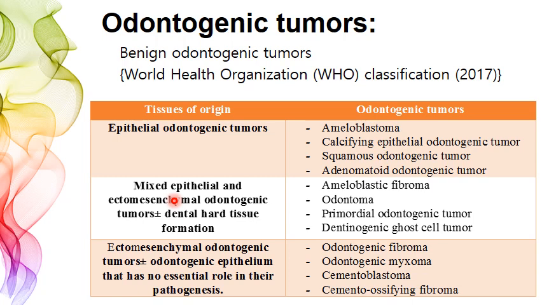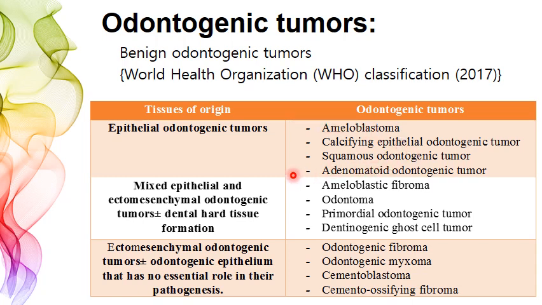In the mixed epithelial and ectomesenchymal, both epithelial and ectomesenchymal odontogenic tissues have neoplastic properties. In the ectomesenchymal odontogenic tumors, if we have odontogenic epithelium, it doesn't show any neoplastic changes, like odontogenic fibroma, odontogenic myxoma, cementoblastoma, and cemento-ossifying fibroma.